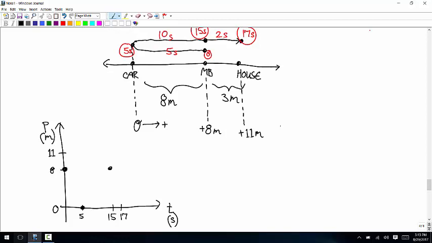And at 17, 11. And you can connect these. We don't know exactly what the path is between those, but they connect in some way. And so there's a position versus time graph of that motion that takes into account our choices of the zeros and the positive direction.